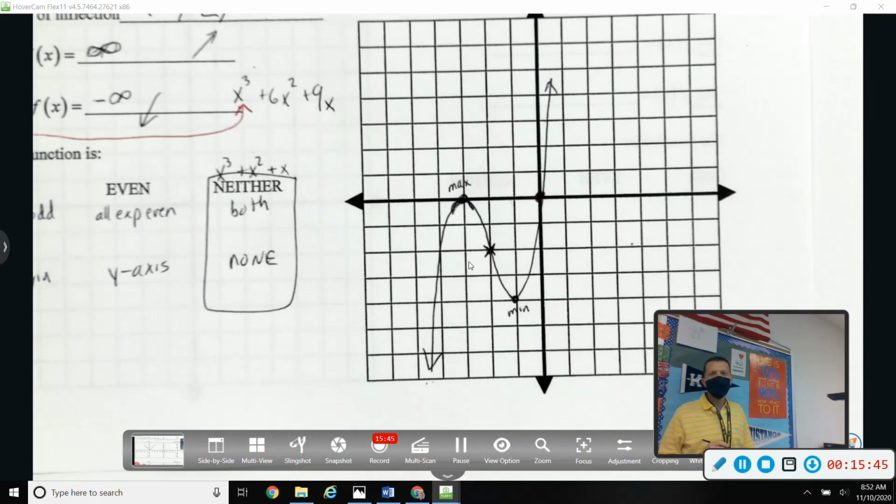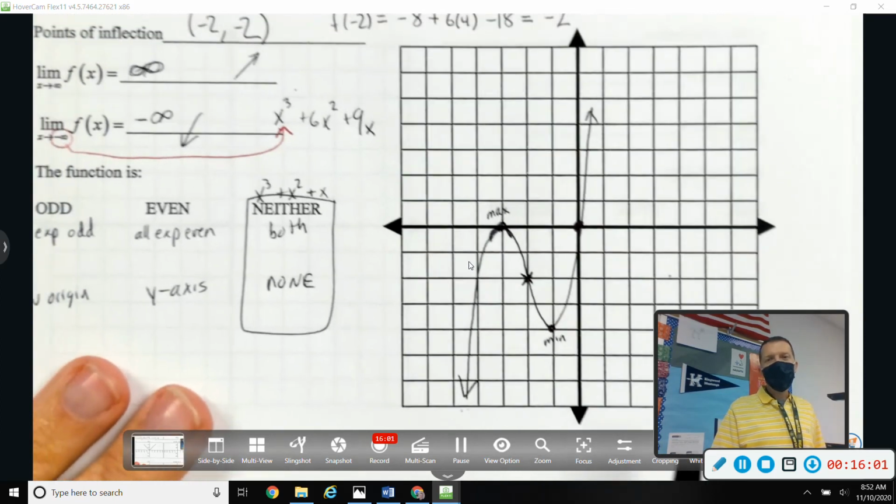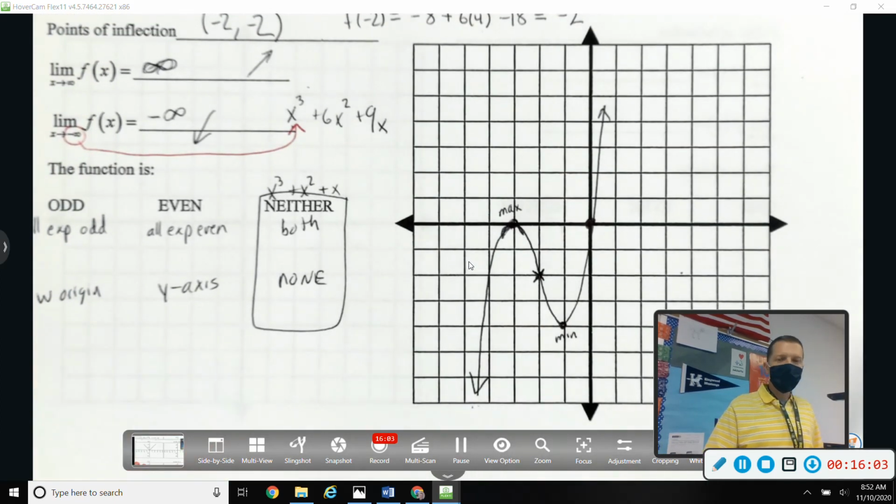That's using all of our calculus knowledge thrown together to do a graph. First derivative stuff, second derivative stuff, all the intervals, maxes and mins, points of inflection, putting it all together to get a really nice and accurate looking graph.